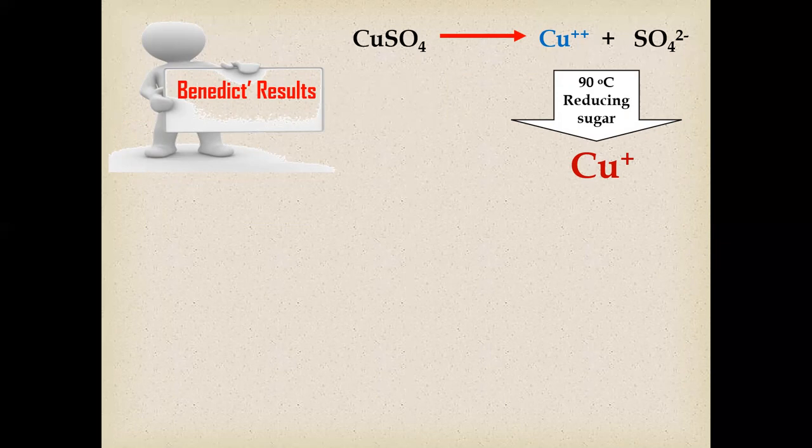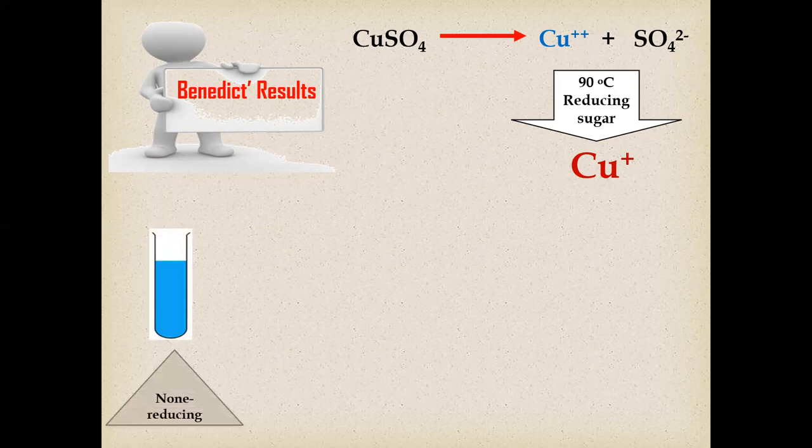On the basis of the Benedict solution test, we can get two pieces of information. Number one, whether the sugar is reducing or non-reducing. And number two, the concentration of the sugar in the solution. For example, if the result is blue, it means there's no sugar present in the solution. If the result is green, it means a low concentration of sugar is present.